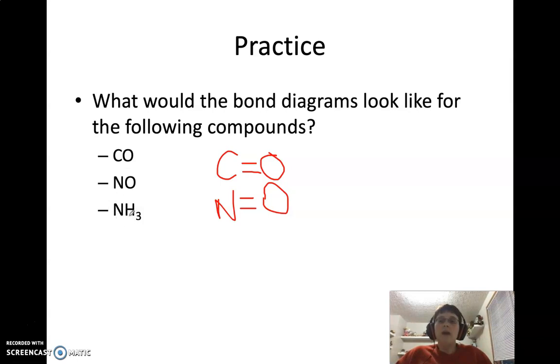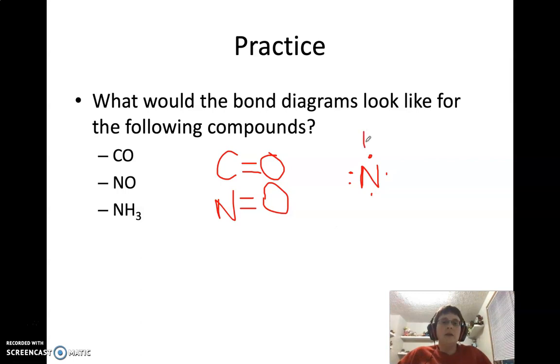Here we've got nitrogen with a valence of 3, and we've got 3 hydrogens. If you weren't sure, you could, like I said, make a dot diagram. You know that nitrogen has a valence of 3, which means it has 5 electrons in its outermost shell. So we've got 1, 2, 3, 4, 5.